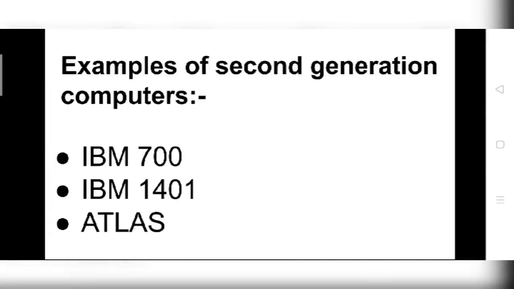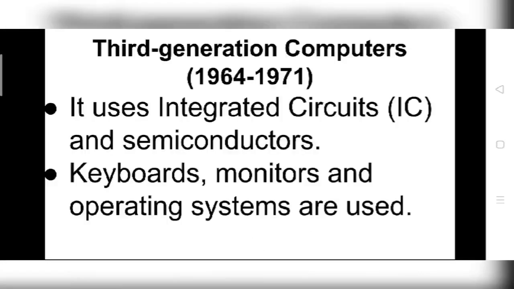Now some examples of second generation computers: IBM 700, IBM 1401 and Atlas. These are the three examples. Next, third generation computers.